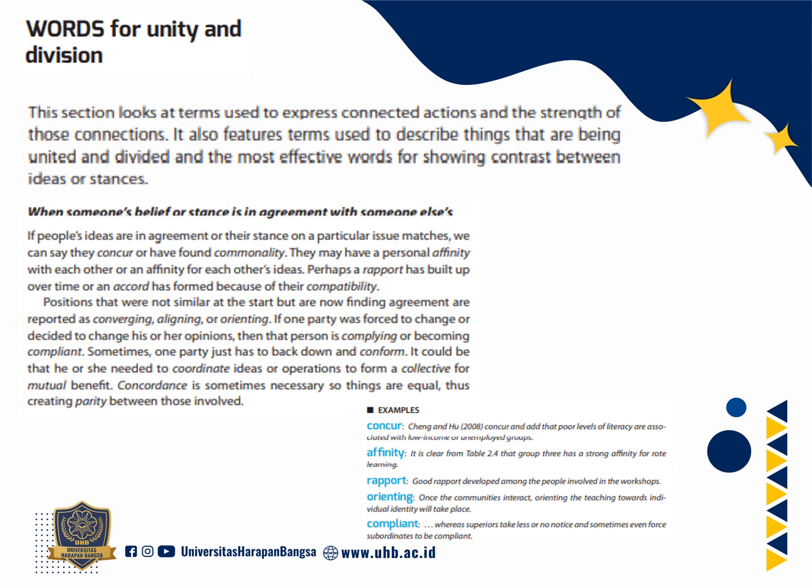Rapport: Good rapport developed among the people involved in the workshop. Orienting: Once the communities interact, orienting the teaching towards individual identity will take place. And then next is compliant, where superiors take less or no notice and sometimes even force subordinates to be compliant.